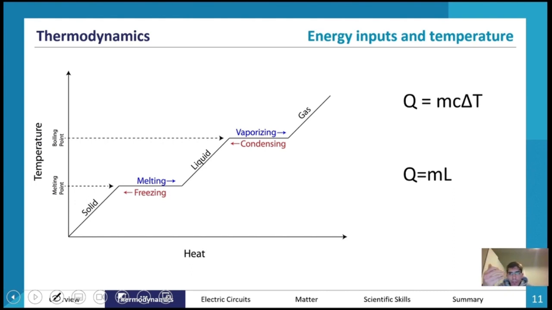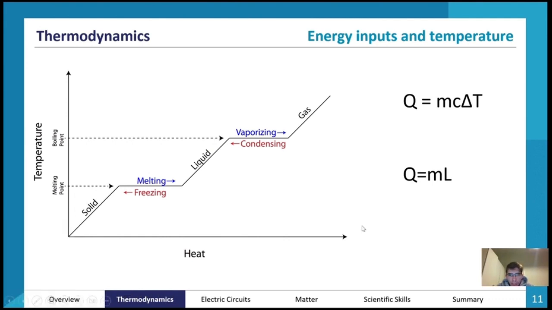The specific heat capacity is the amount of energy required to increase the temperature of an object by 1 degree Celsius.